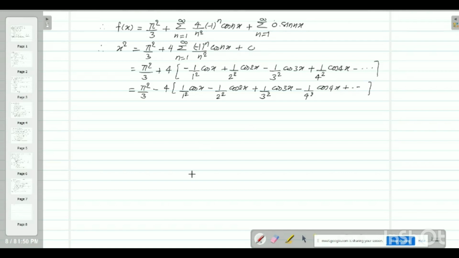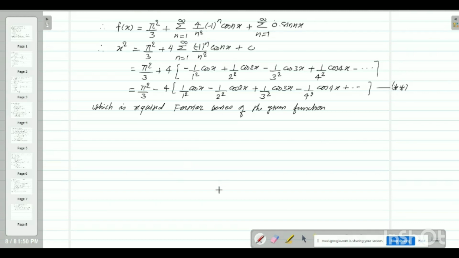This is the required Fourier series of the given function. Name this equation number double star.